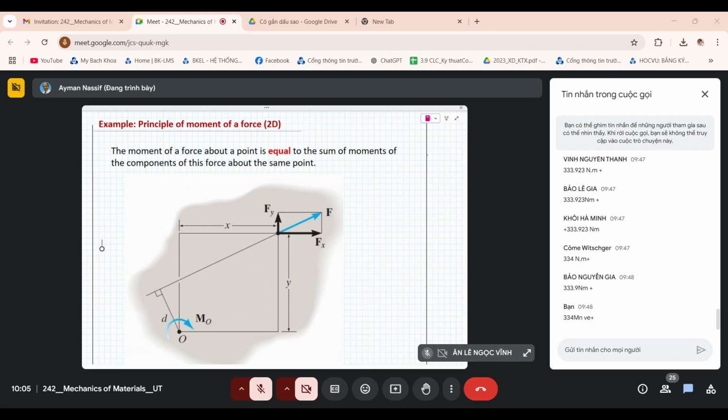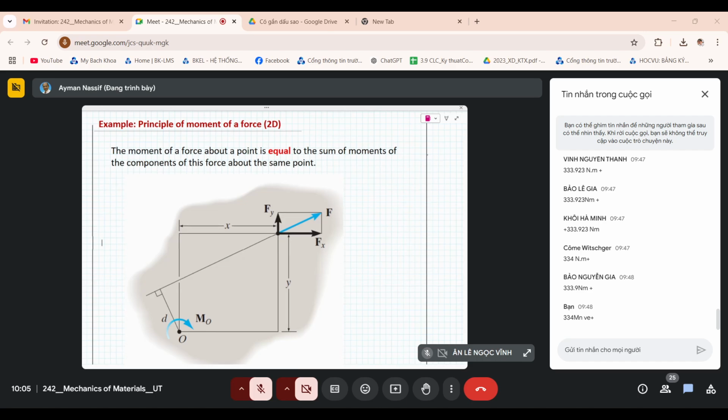We're talking about the rotational effect of the force F about any point O. So this is the M about O of the force F. The line of action of the force goes to infinity in both directions, but here we are looking at the extension of F and the perpendicular distance to point O, and of course F times D will give you the moment of F around point O. We've done this, that's all the information.